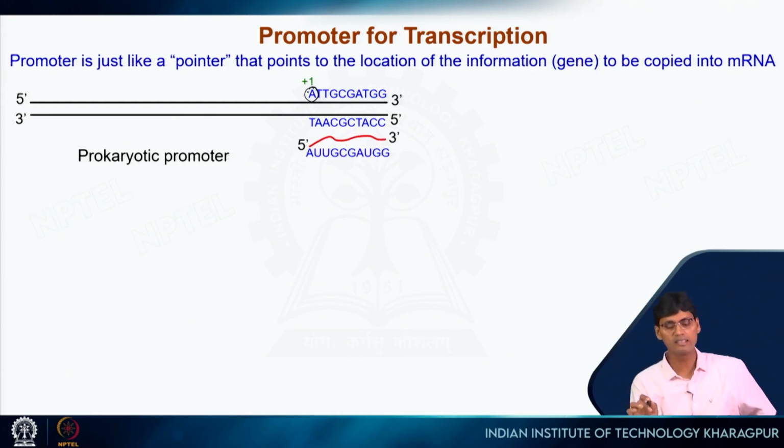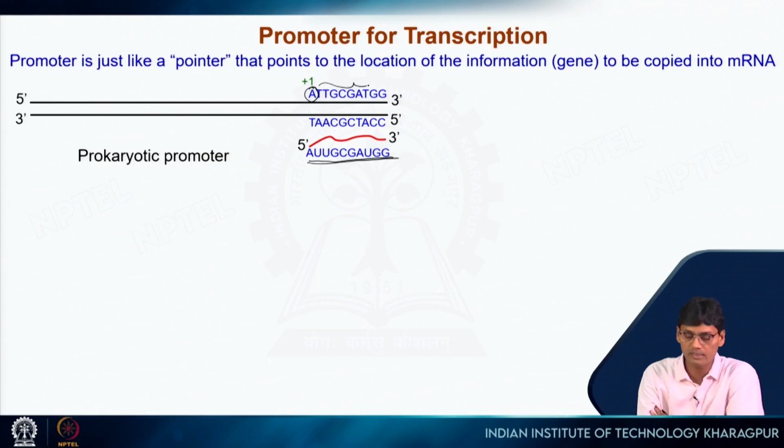Now, in case of this gene, when it gets transcribed, as I just mentioned in the previous slide, after transcription we are getting this product, this A, U, U, G, C written here. Now, this sequence is exactly similar to this sequence, only instead of T we have U here, that is all, otherwise exactly the same.